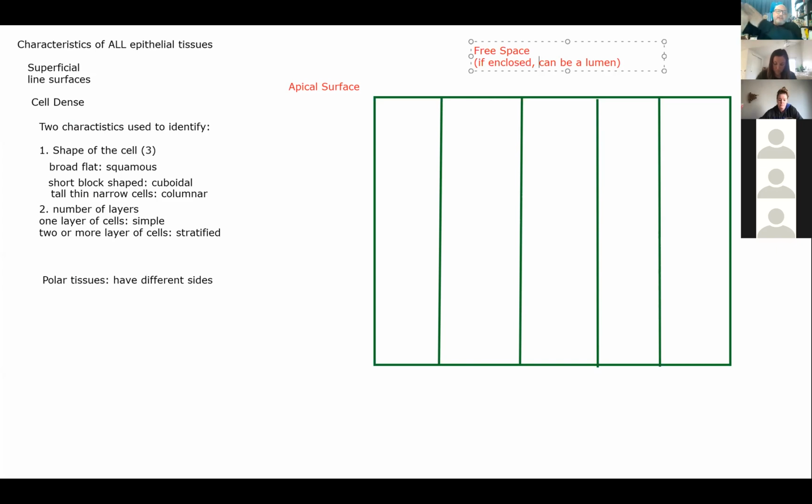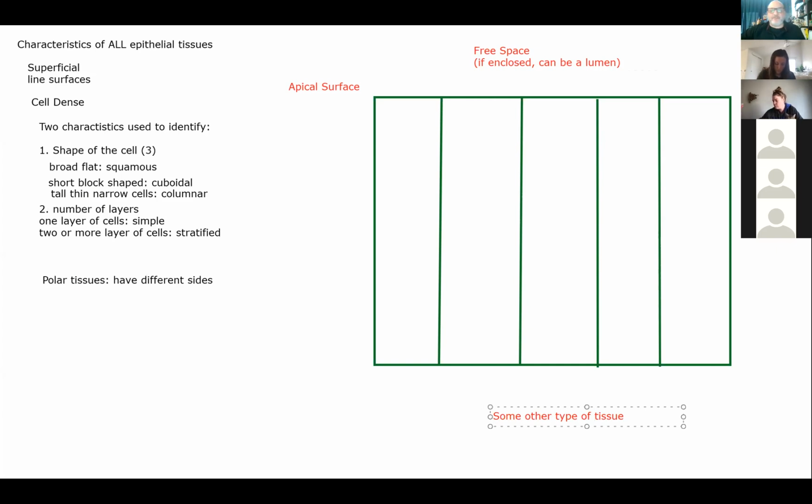So epithelial tissues are on top. Below our epithelial tissues is some other type of tissue. It could be bone, it could be a connective tissue.